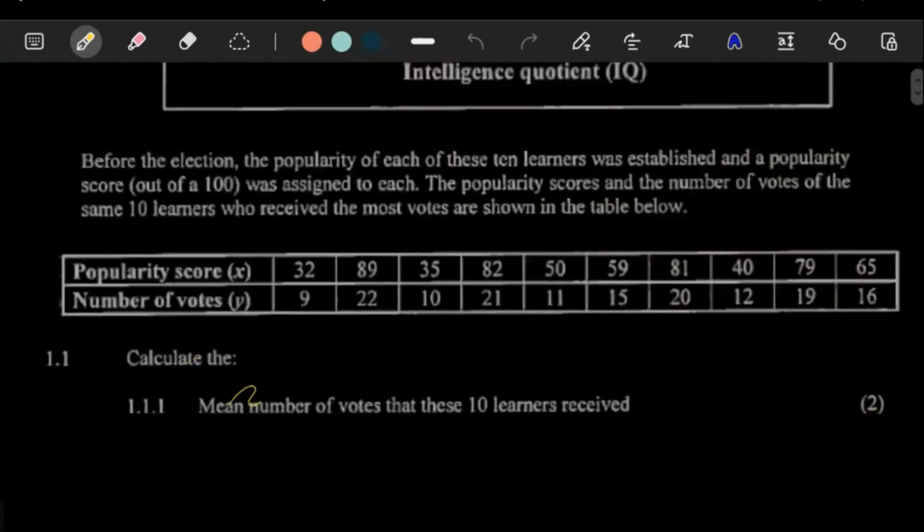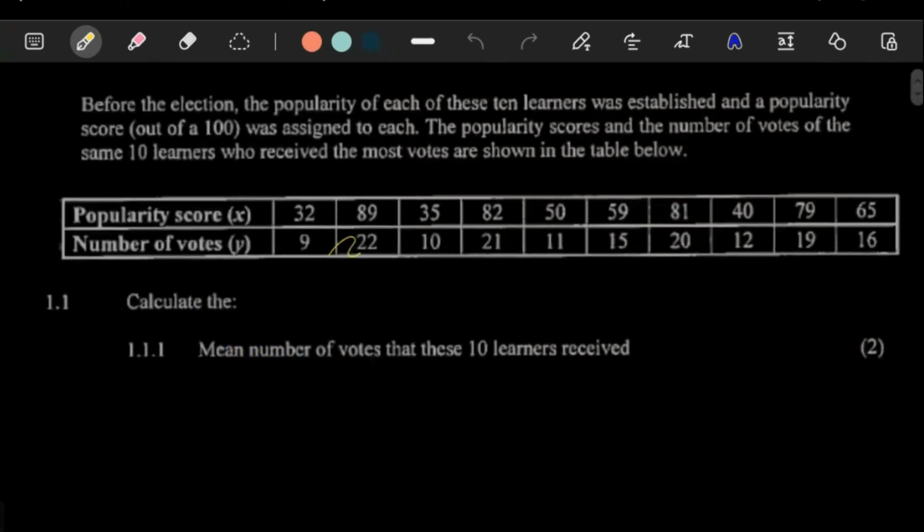And then it says for 2 marks, calculate the mean number of votes that these 10 learners received. So mean means that you're going to have to add up each of these values, the votes, and then divide by 10.